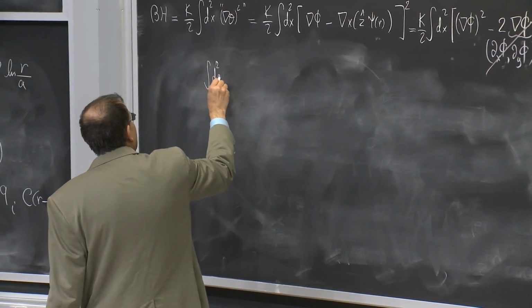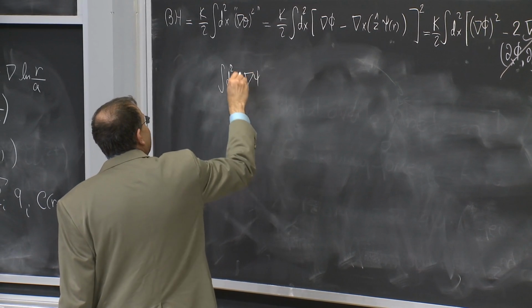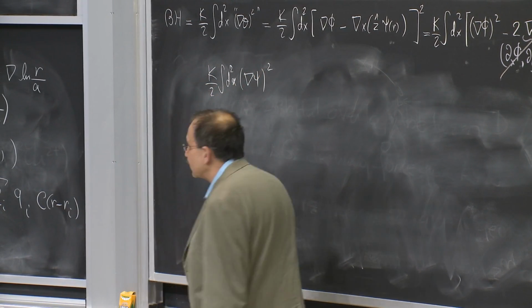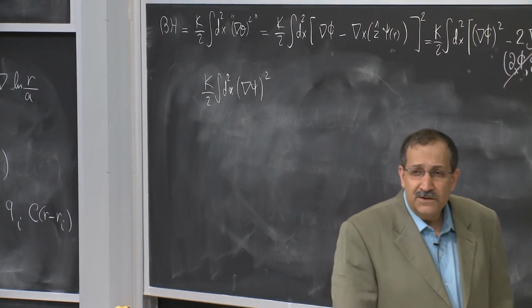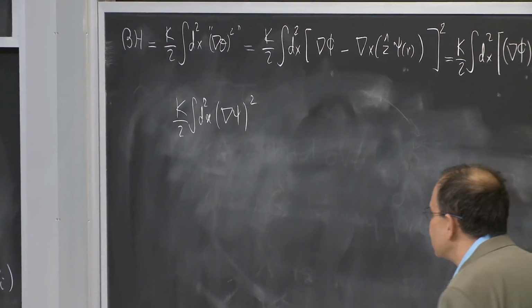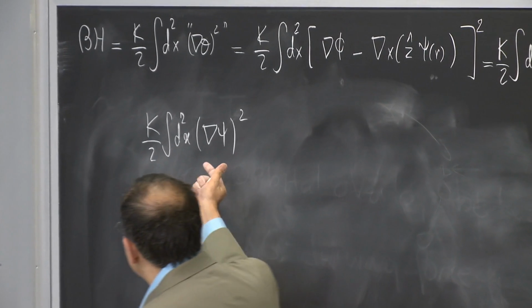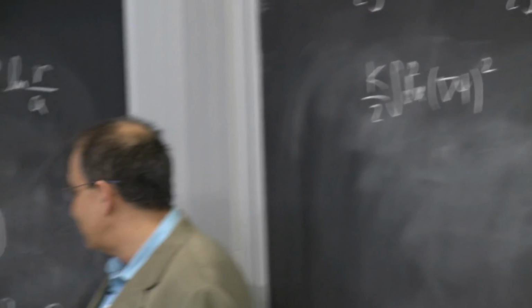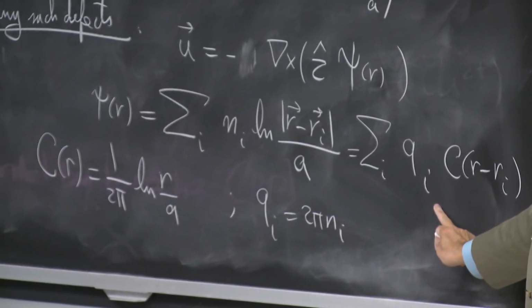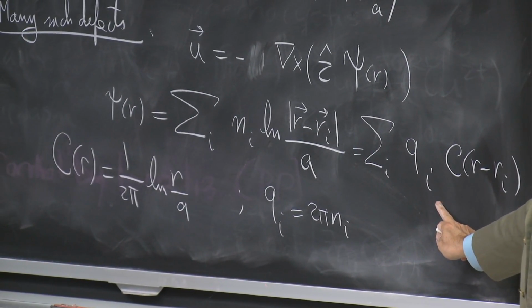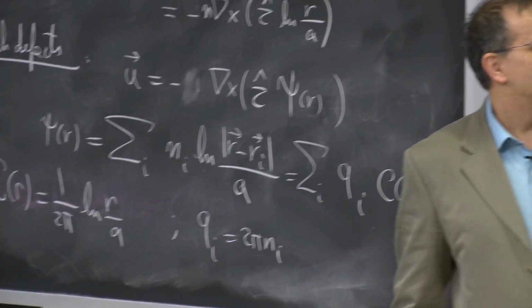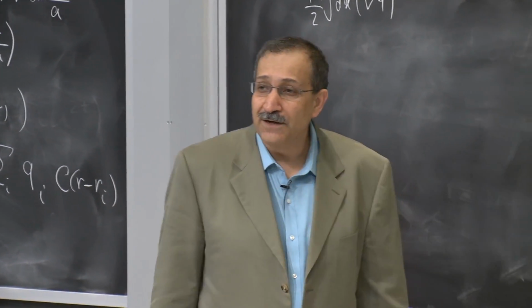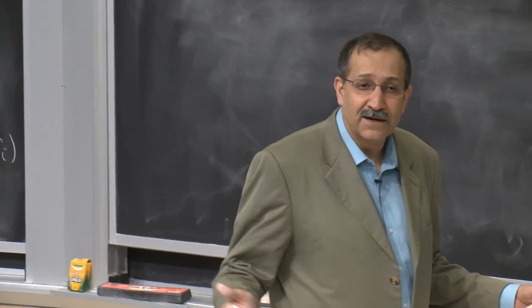So now let's calculate this contribution and what it is. Integral d2x, gradient of psi squared with k over 2 out front. Actually, you already know that, because psi we see is the potential due to a bunch of charges, right? So this is essentially the electric field due to this combination of charges integrated over the entire space.